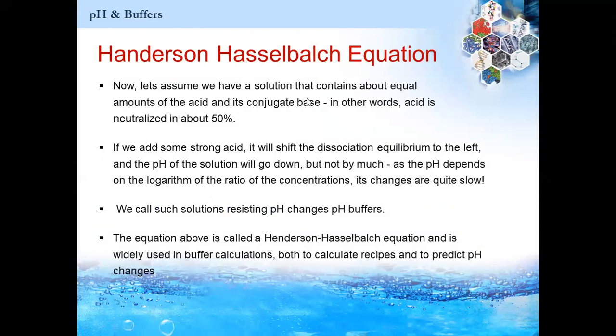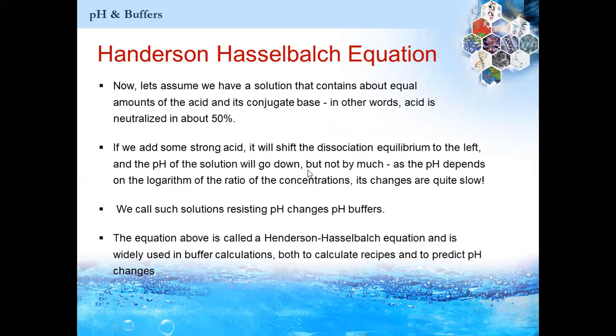So let's assume we have a solution that contains about equal amounts of acid and its conjugate base. Now, into such a buffer preparation, if we add some strong acid, it will shift the dissociation equilibrium to the left. That means the pH of the solution will go down, and low pH means it becomes acidic.